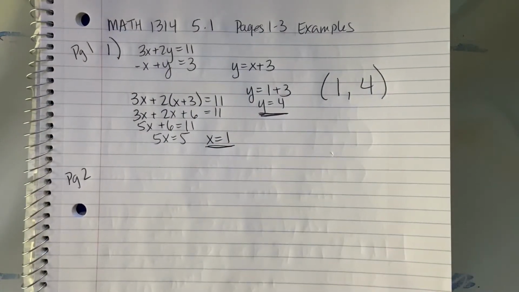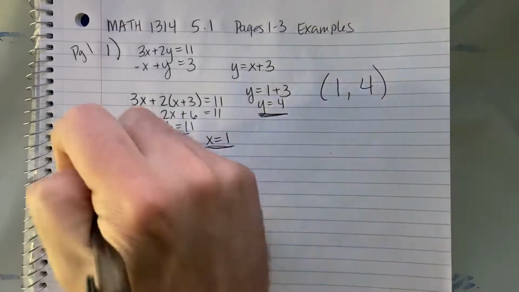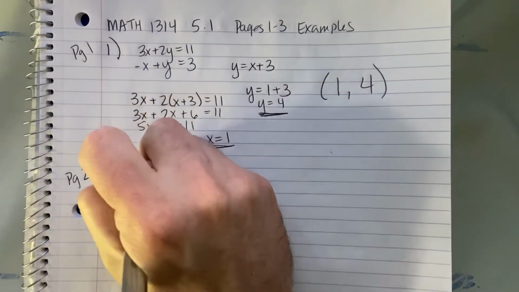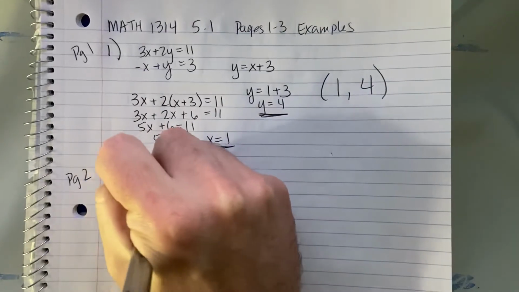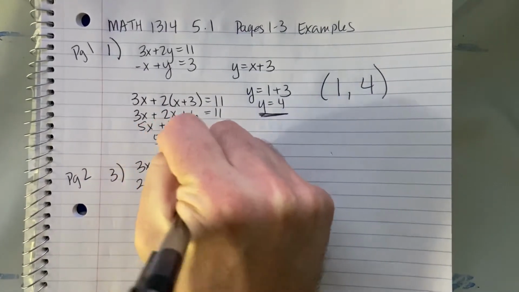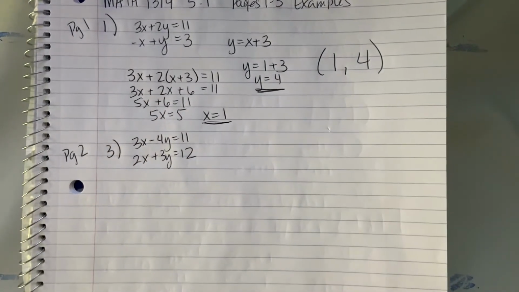and we'll do number 3, which is 3x minus 4y equals 1, and 2x plus 3y equals 12. Now, your goal for elimination is to get the same number of x's or y's and the opposite sign, so that when you add the two equations together, then it cancels the variable out.